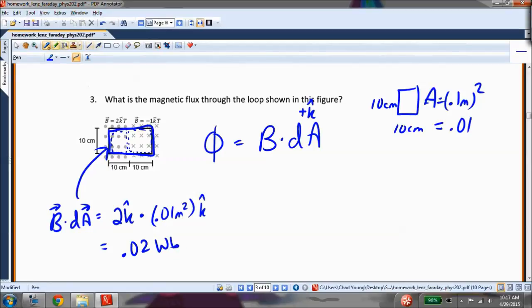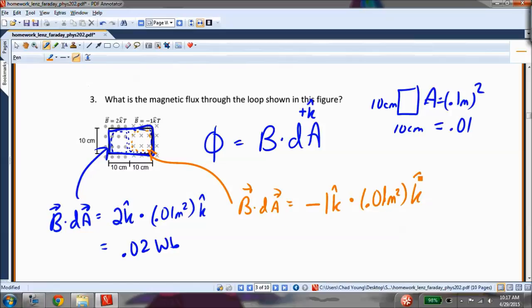Now, if I want to do the second section, looking at this section now, I come over here and my B dot dA for this section is equal to, again, negative 1k. That's my magnetic field, dotted with 0.01 meters squared in the positive k direction.